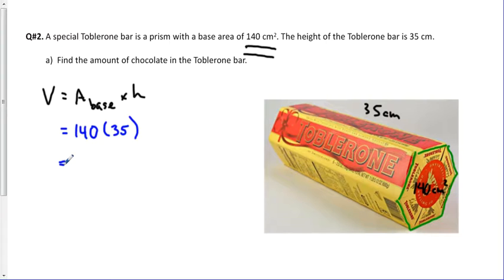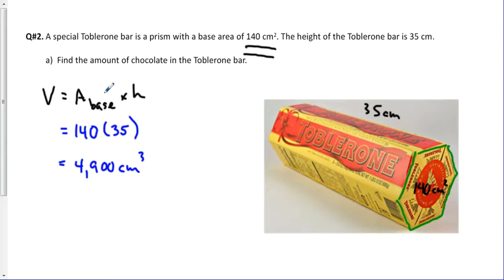The height is 35 centimeters. And if we just crank that out, I got 4,900 centimeters cubed of chocolate. So I just wanted to throw a question like that at you guys, to see if we can do any prism, even ones that have a hexagon base like this guy, by using area of base times height.